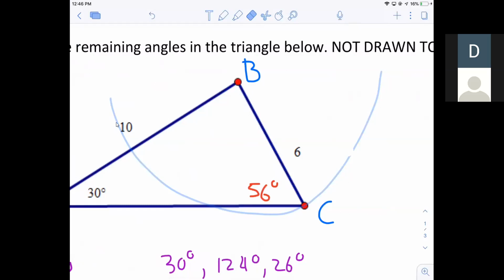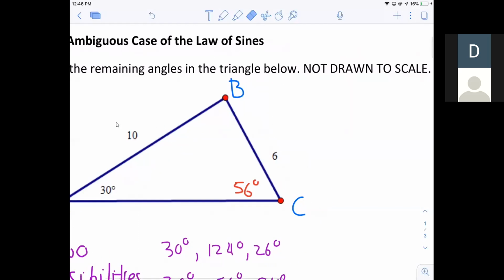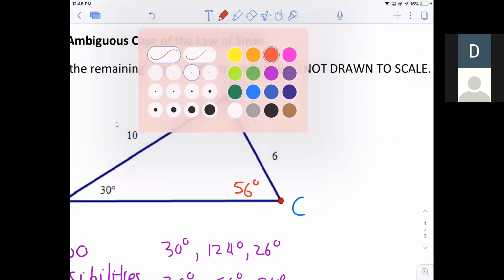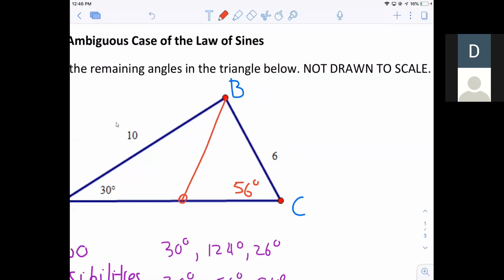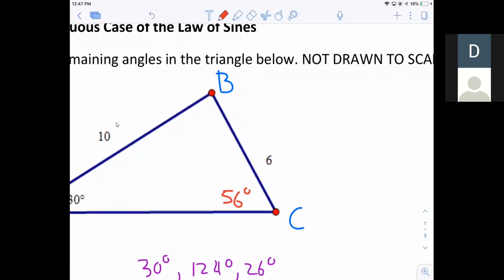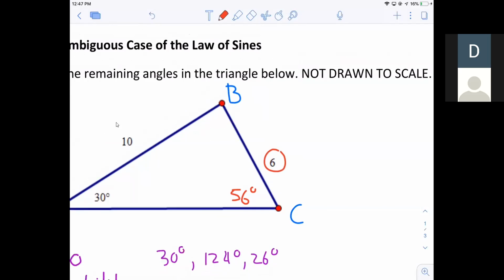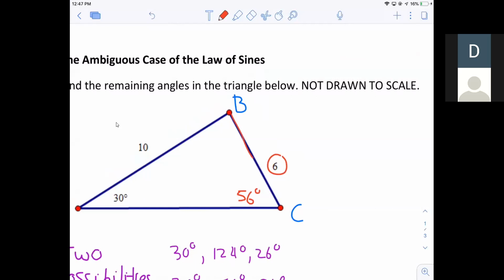So there are 3 cases when you do the law of sines. This case where you have 2 possible solutions, you can have a 6 here and a 6 there, if you swing that length BC around point B like that. If this is too short though, let's say this were a length of like 2.